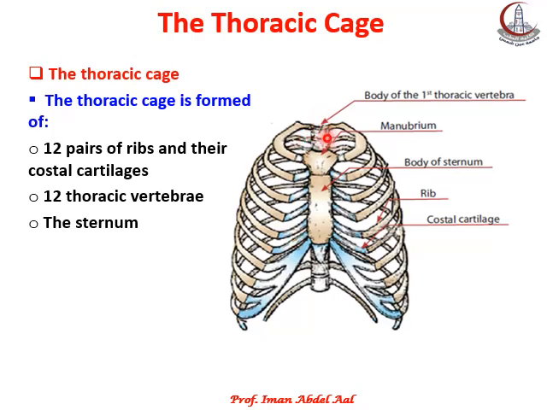Posteriorly, we have the vertebrae, and in front, we have the sternum. So the thoracic cage is formed of 12 pairs of ribs with their costal cartilages, 12 thoracic vertebrae, and the sternum.